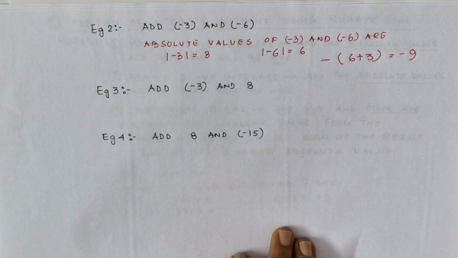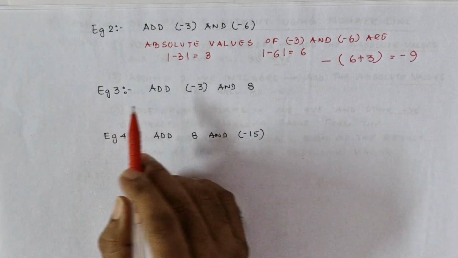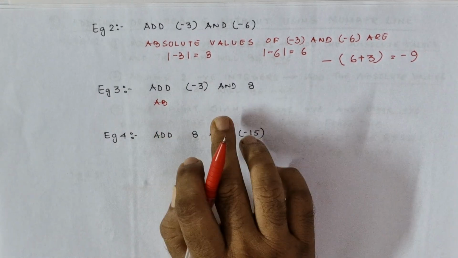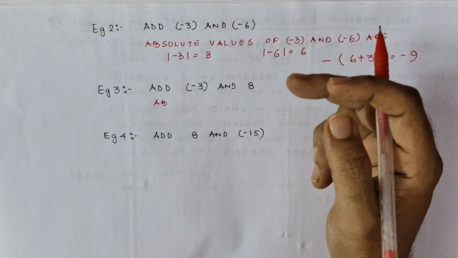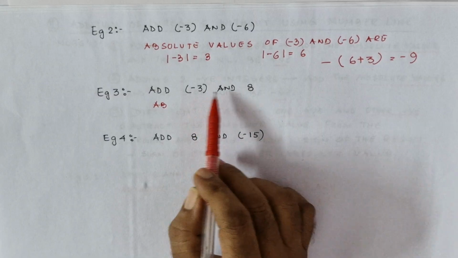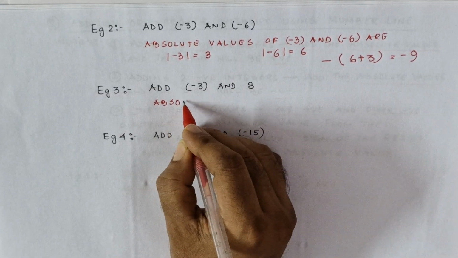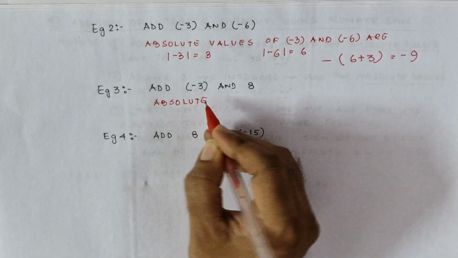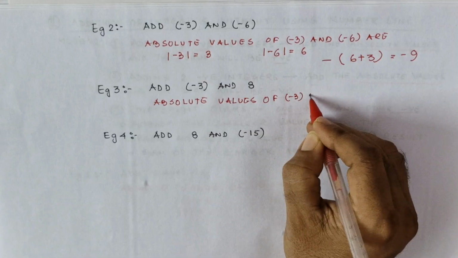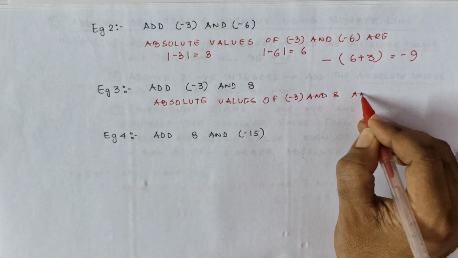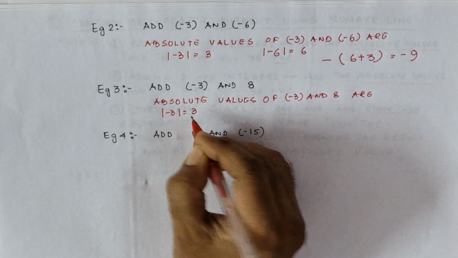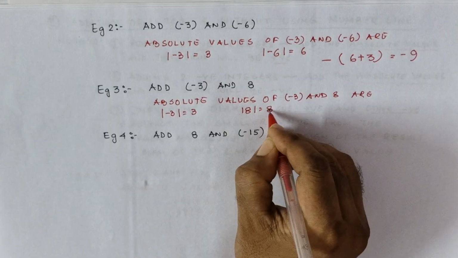Got it? And let's see example number 3. Add minus 3 and 8. In the first case we saw both positive, in the second case both negative, and here we have different signs. Not to worry. The absolute values of minus 3 and 8 are 3 and 8.